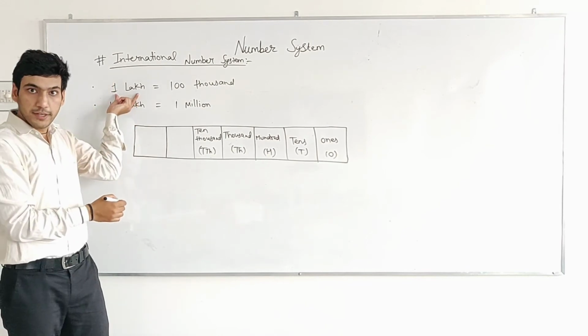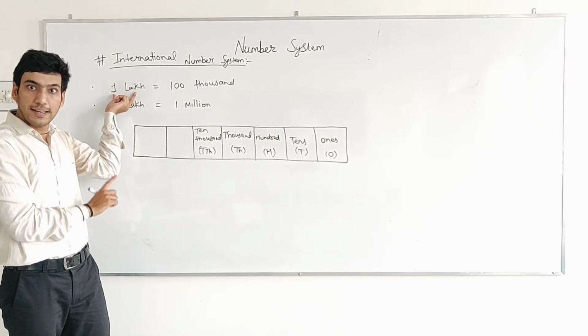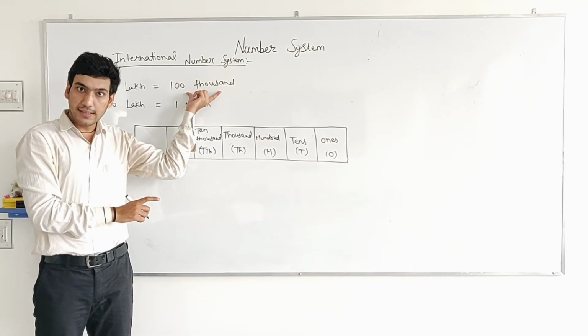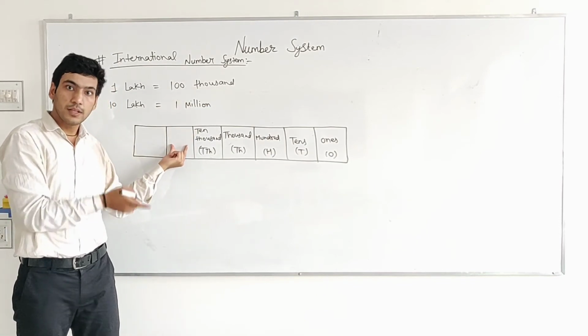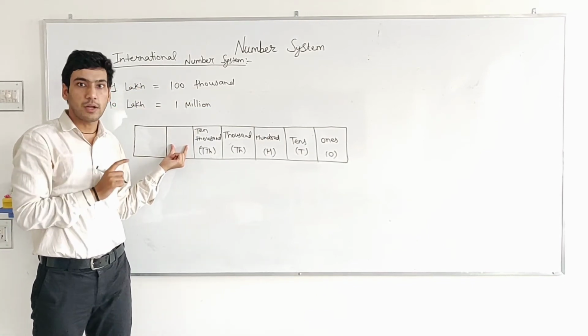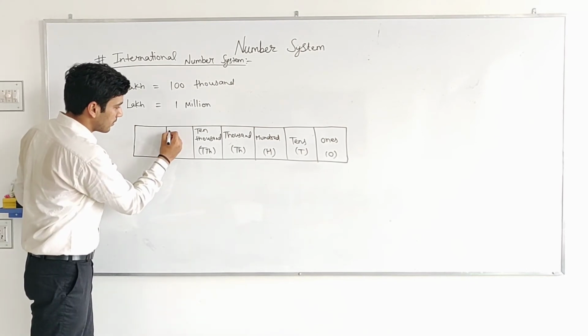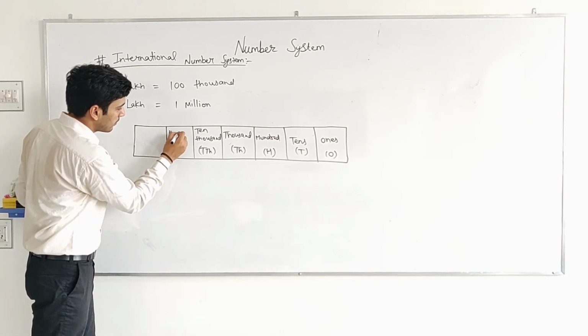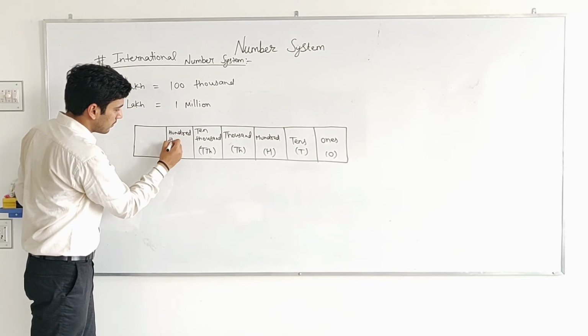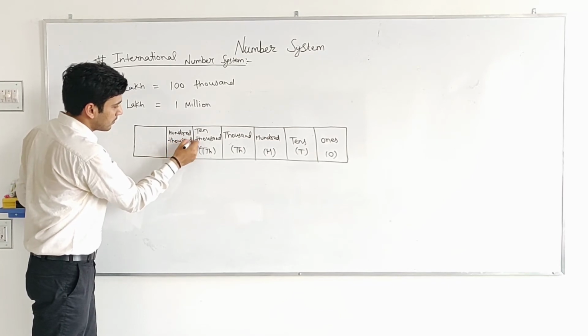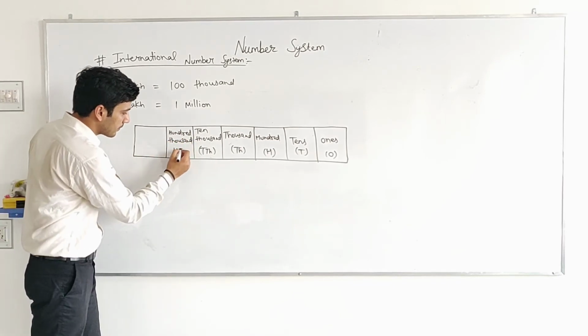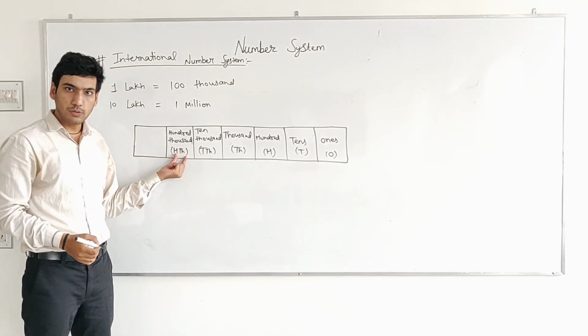But there is a point that lakh, or 1 lakh, is written as 100,000. So in this system you have to write 100,000 in this column.